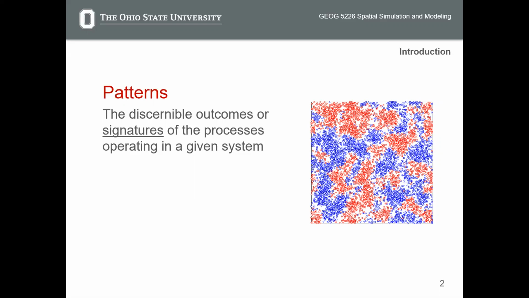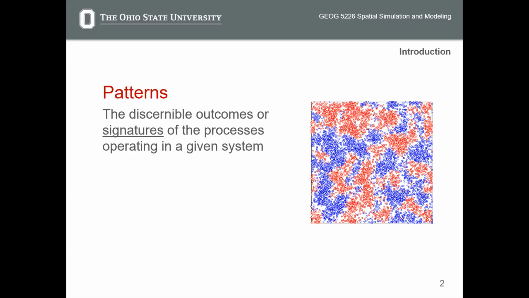Discernible outcomes or signatures. The signatures, this word is pretty important. Something special, something that can differentiate from others, right? That's the signature. So here we can say that for this specific example, the pattern is not random.